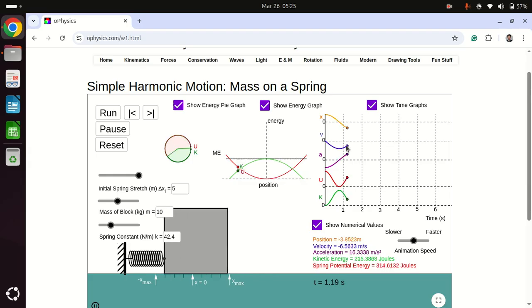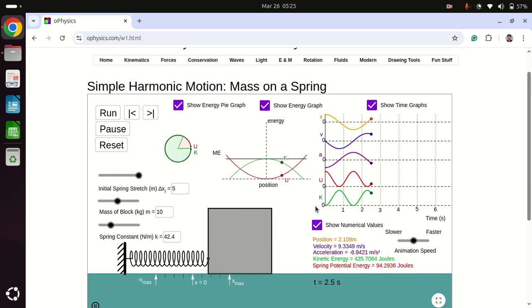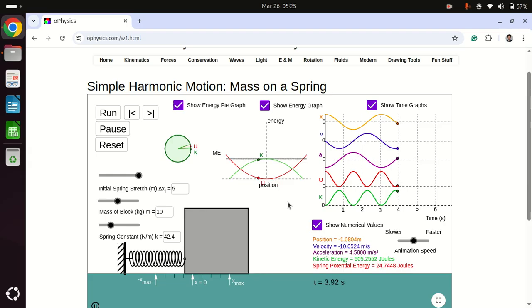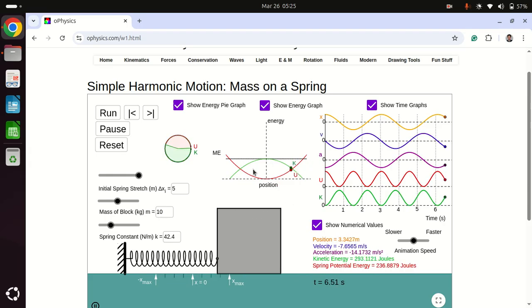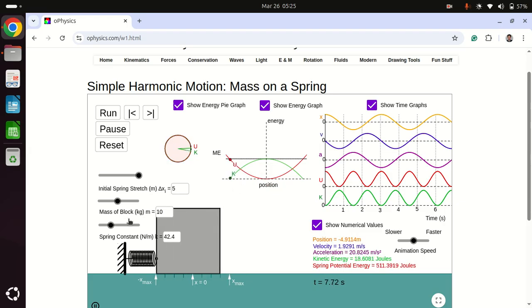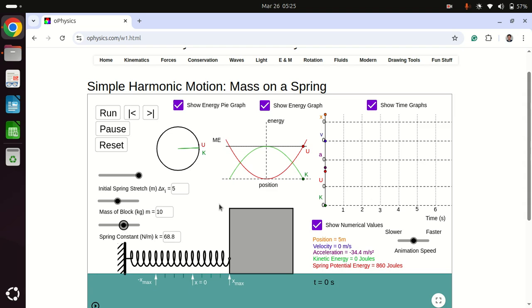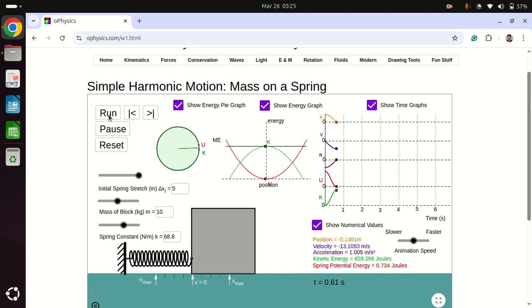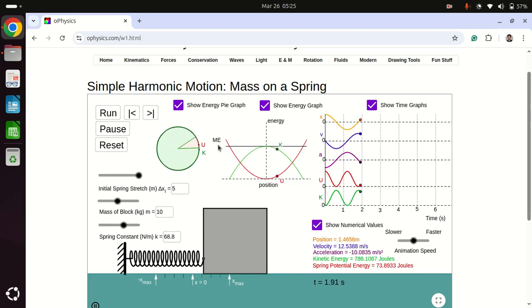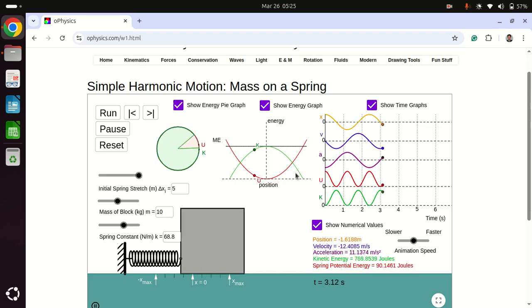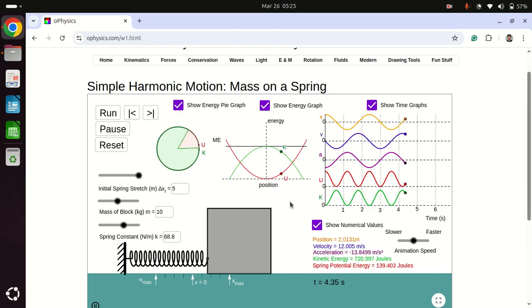Now you can see the graphs are plotting, and you can see much lower energy than the earlier system. Suppose I increase the spring constant, you can see the energy is shifted. If I hit run, you can see the graphs are coming here. So this is a very good simulation, you can see.